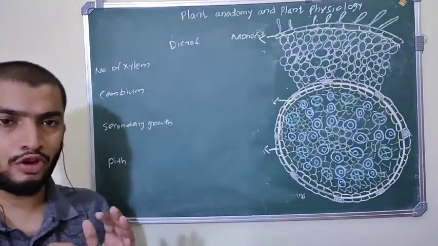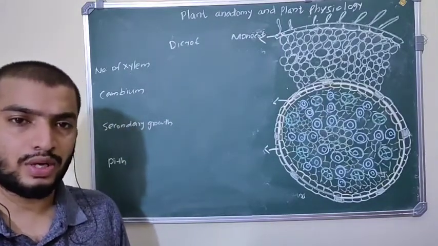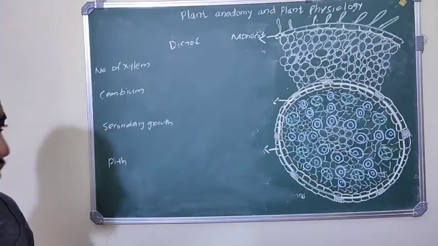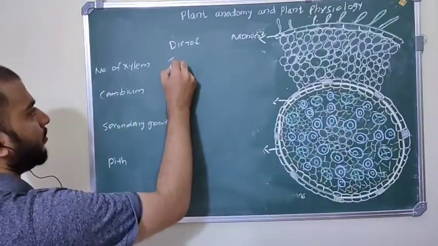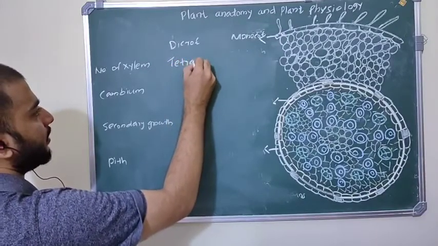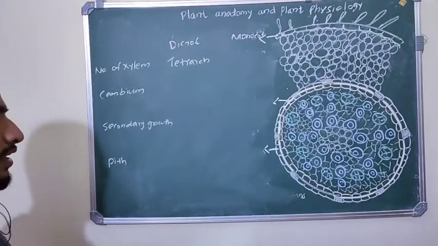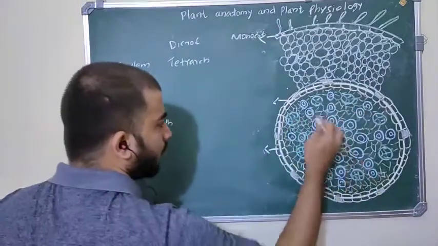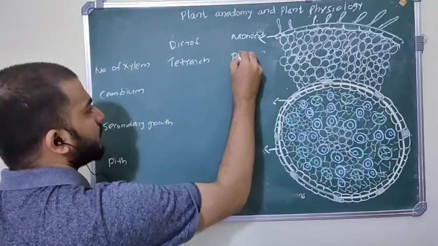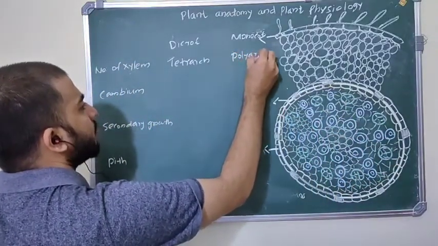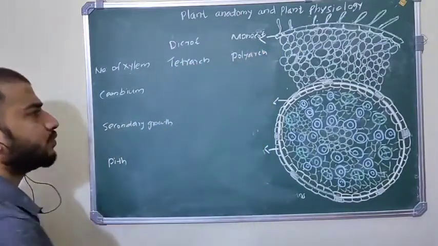If you check the dicot root internal structure, you can see 4 patches of xylem, so xylem is in the tetrarch condition. But in monocot root, you can see so many xylem patches, so that condition is called polyarch. So the number of xylem is tetrarch in dicot root, and polyarch in monocot root.